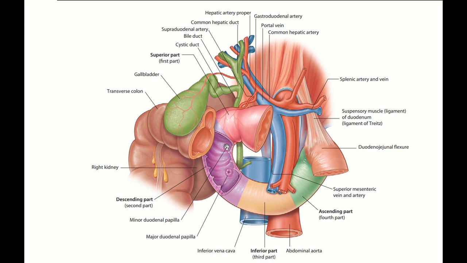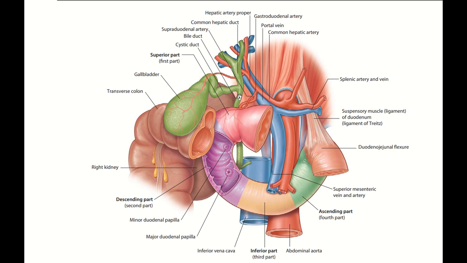You can actually see the minor duodenal papilla for the accessory pancreatic duct piercing the medial wall of the descending portion of the second part of the duodenum, and the major duodenal papilla, right? And posterior to the first part, you have your bile duct, which is to the right of the gastroduodenal artery.